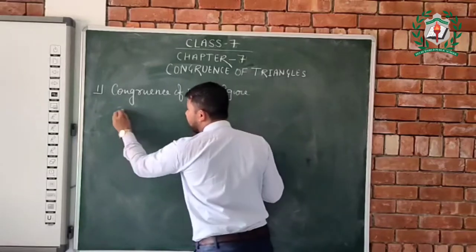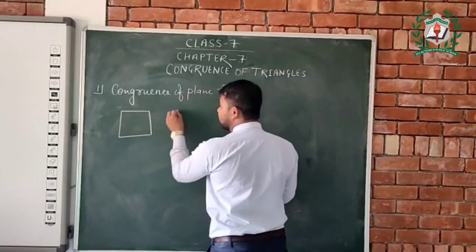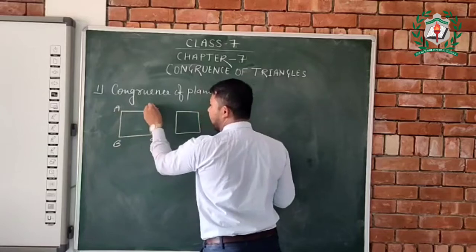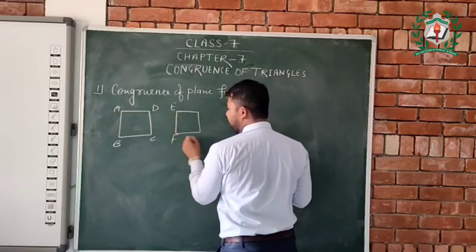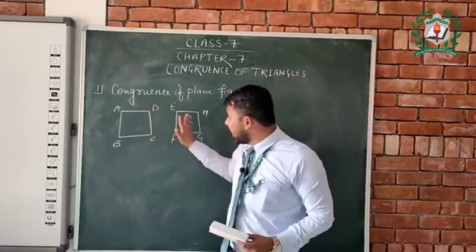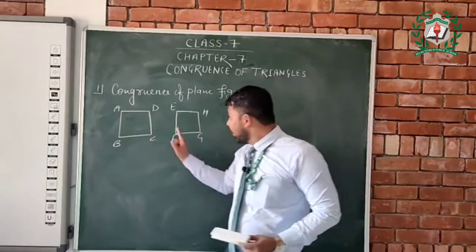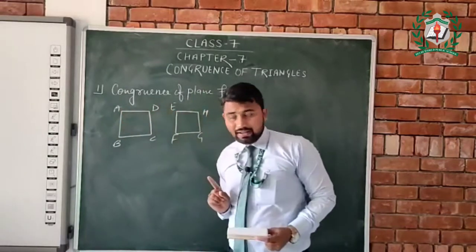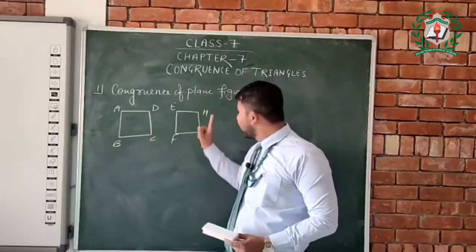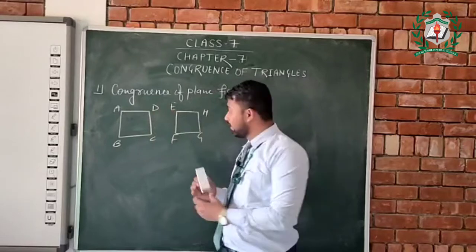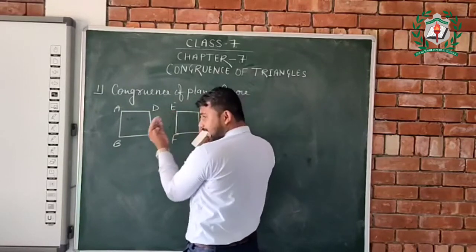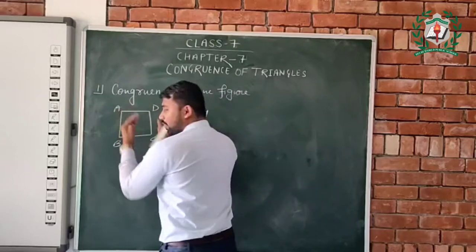For example, this is a plane figure with A, B, C, D, and E, F, G, H. Place this diagram on this diagram. If E is equal to A, F is equal to B, G is equal to C and H is equal to D, take it out and place it on it.